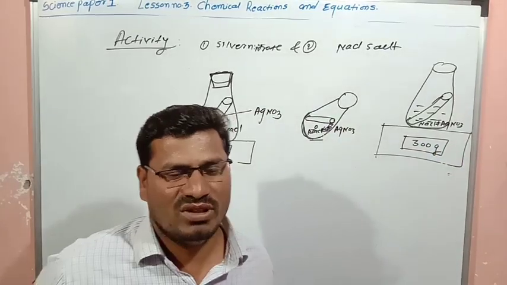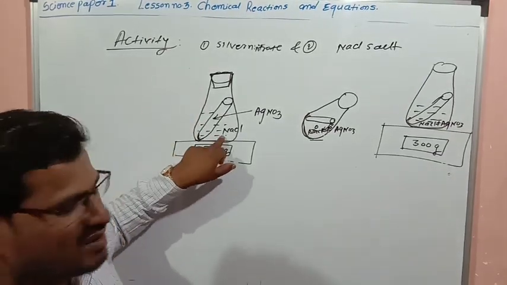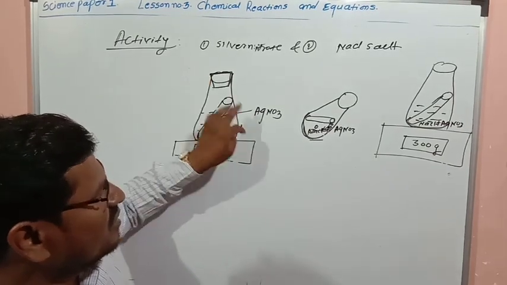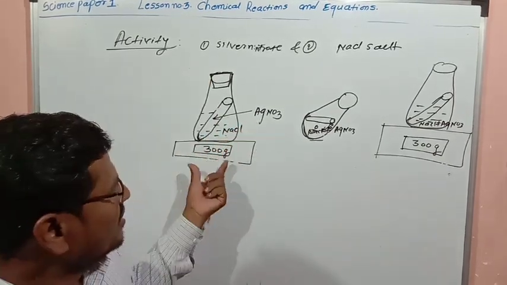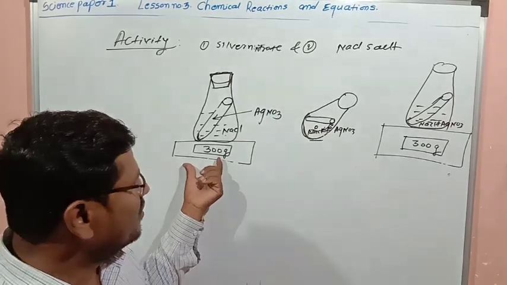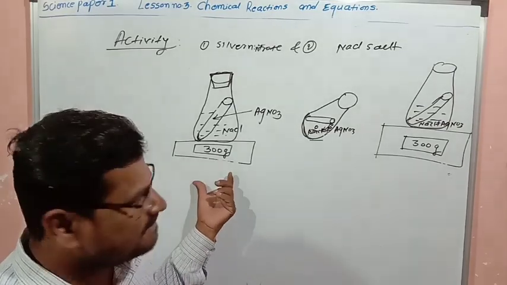So what is the activity? Just give attention. One conical flask you are taking. In the conical flask you are taking NaCl solution. In the test tube you are taking AgNO3, silver nitrate. Before the chemical reaction, before mixing, you have to measure the weight.